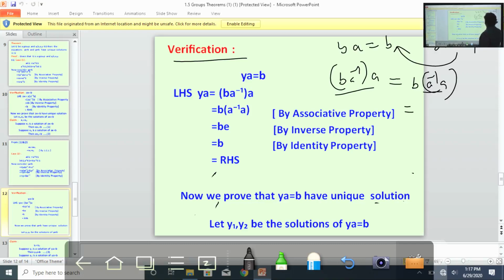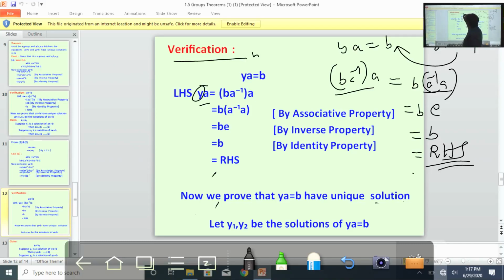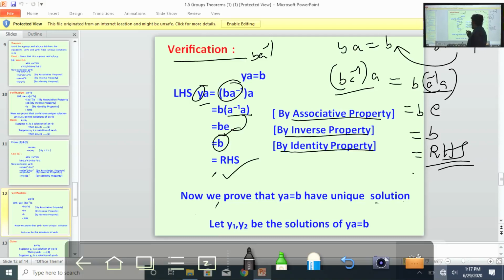Change the brackets by using associative property. What is a inverse a? e, by using the inverse property. What is b into e? b, by using the identity property. Therefore, finally we get b, that is the RHS. Therefore, y = b a inverse is a solution of Ya = b.